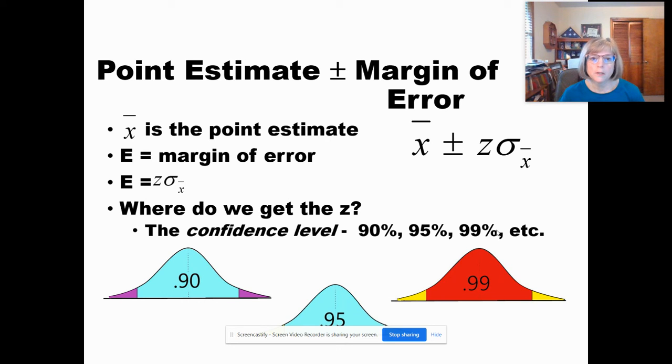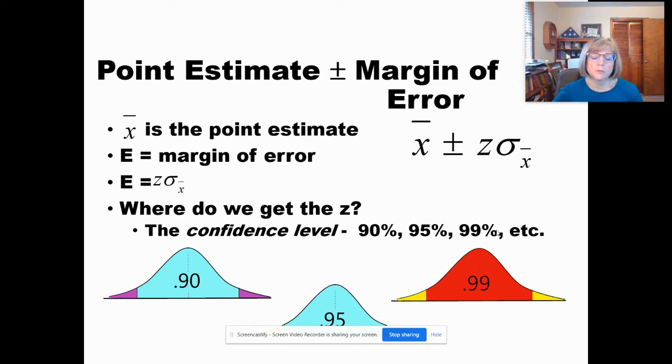Now, what we do to calculate these confidence intervals is we use this formula that you see here, x bar plus or minus z times our standard deviation of x bar. X bar, remember, is our sample mean, and it's called the point estimate. If we just wanted a single value estimate of our population mean, we could use a sample mean. That wouldn't be a very good estimate, but we could do it.